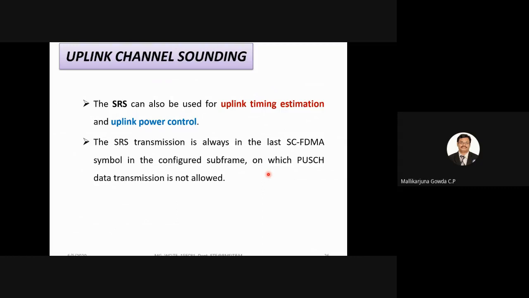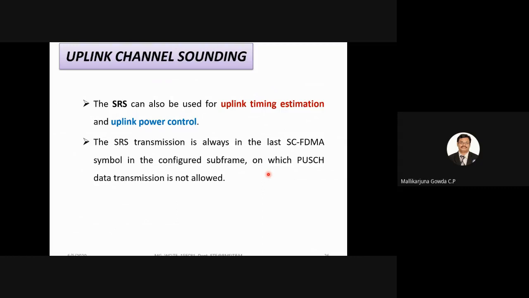This SRS transmission will be in the last SC-FDMA symbol in the configured subframe, on which the physical uplink shared channel data transmission is not allowed. So the last SC-FDMA symbol is the SRS transmission.